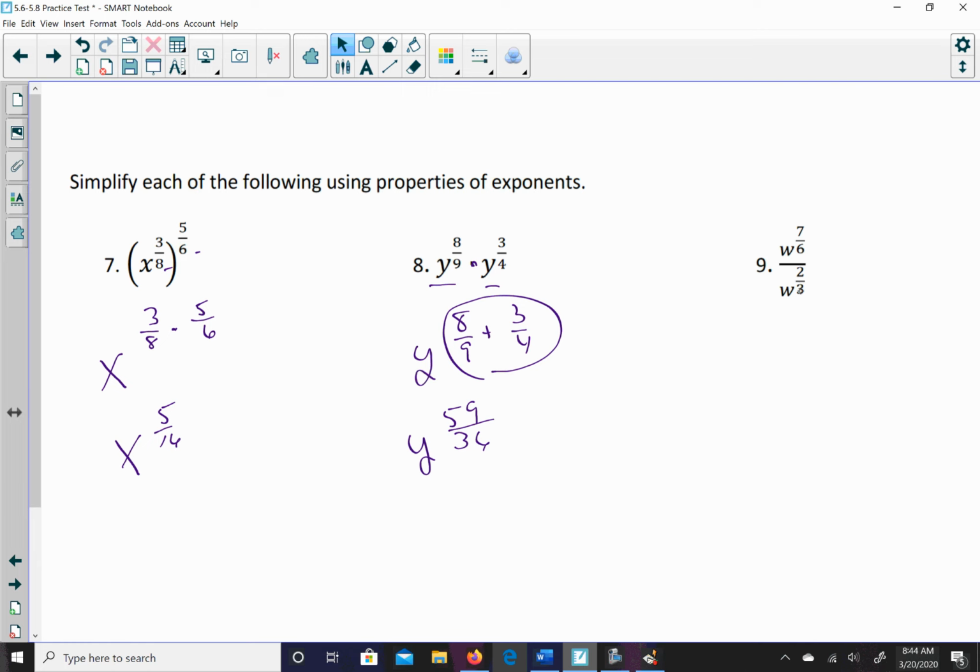Next one, I have the same base w, and they have to be the same base in order to do this, and I'm dividing, so this will be w to the 7/6 minus 2/3. And when I do that, I end up with w to the 1/2 power. So that's how I simplify using the properties of exponents.